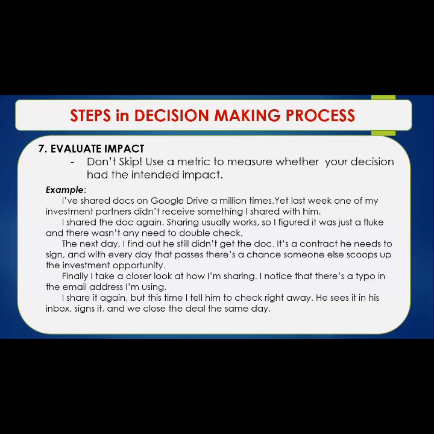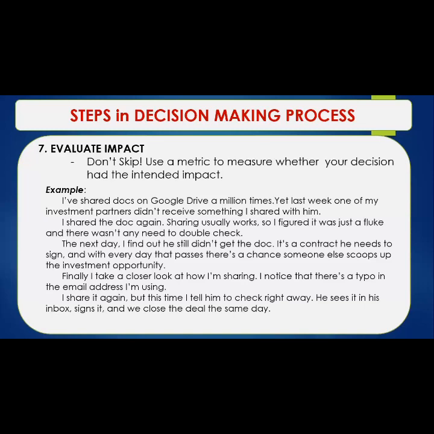It's a contract he needs to sign, and with every day that passes, there's a chance someone else scoops up the investment opportunity. Finally, I take a closer look at how I'm sharing, and I notice that there's a typo in the email address I'm using.